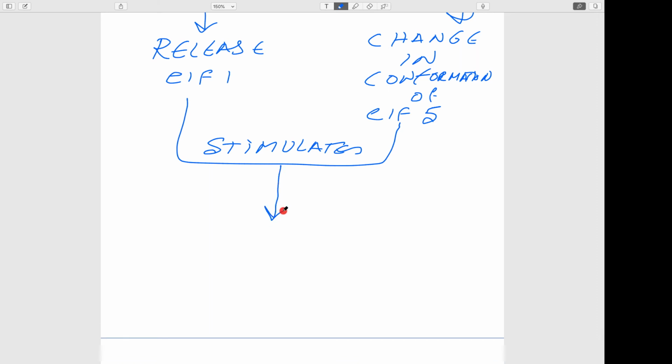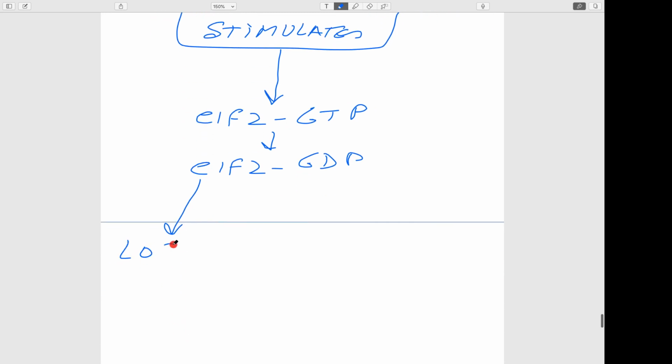What does it do by stimulating? EIF2 GTP is converted to EIF2 GDP. So once EIF2 GTP is converted to EIF2 GDP, loss of EIF2 GDP is taking place.